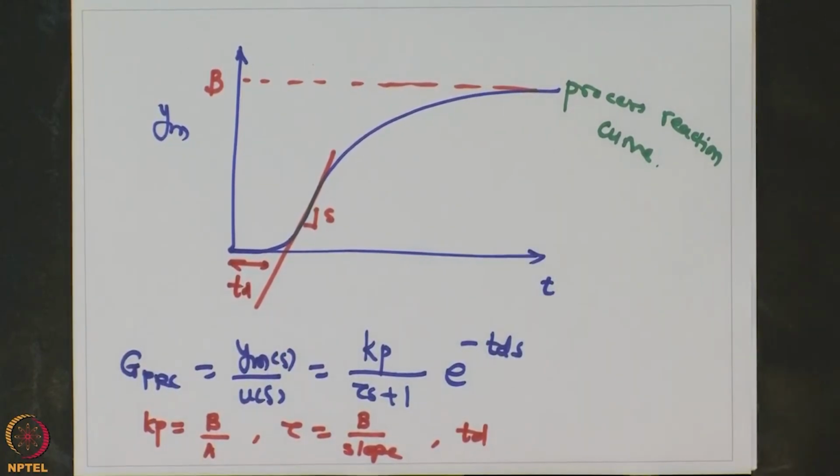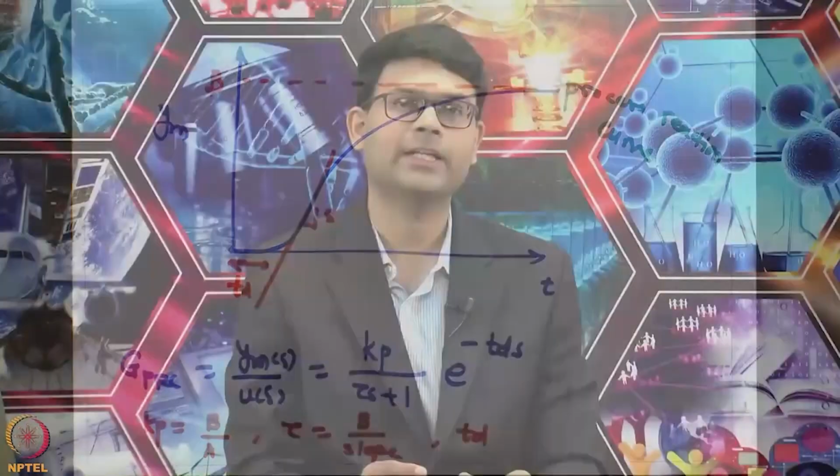So from an actual response, you can convert it into a first order plus dead time model. I am saying this is a model because this is not how the process is. This is one way the process response can be represented, and then this open loop tuning will give you a guideline about how your controller parameters like Kc, tau I and tau D depend on the values of Kp, tau and Td. One of those methods is known as the Cohen-Coon method.